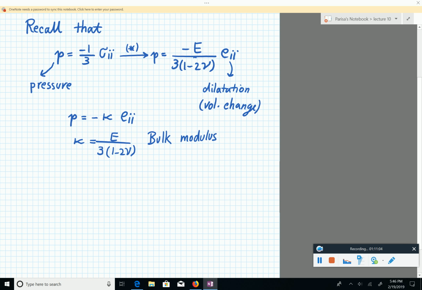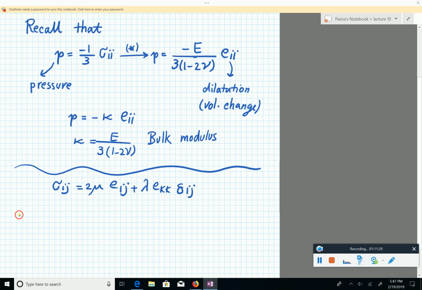One more thing before we go is looking back at sigma_ij in the context of an isotropic, homogeneous, linear elastic material. If we have pure shear, what would be the dilatation? 0, right?